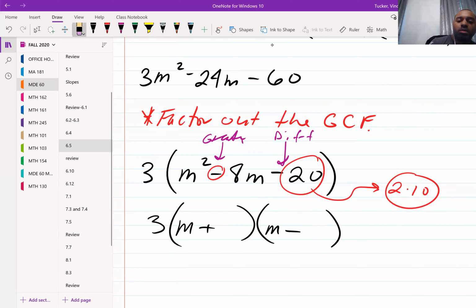So we know that the first term in each has to be m because all we have is m squared. Now we're looking at the 20. We say, what are our factors? What 2 numbers multiply together give us 20, but we'll subtract from each other to give us 8? That's the 2 and the 10. So that's how you got the 2 and the 10. I got it. Thank you. Not a problem. All right. And then the 10 got the negative, and the 2 got the positive.